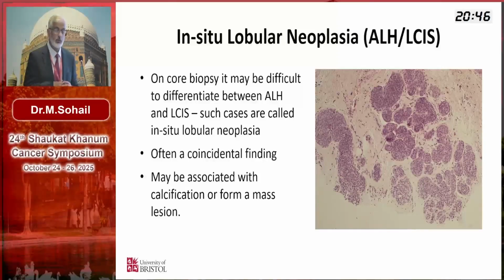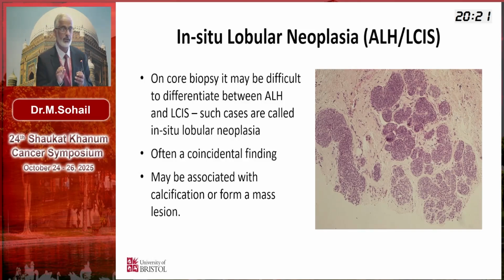Now, in situ lobular neoplasia, which encompasses the two histological diagnoses, atypical lobular hyperplasia and LCIS. As I mentioned yesterday, to make a diagnosis of LCIS, if there is only one lobule, then 50% of the acini of that lobule should be involved by lobular epithelial proliferation.